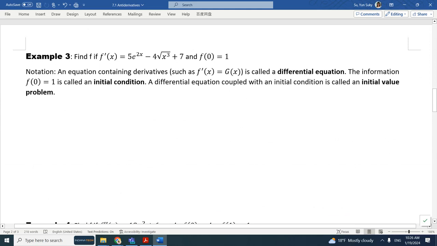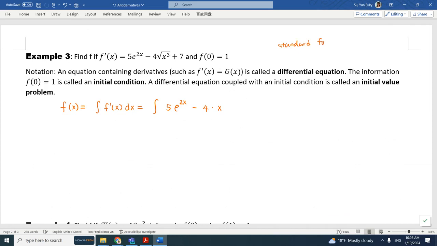Okay, so we have f of x is the integral of the derivative. So the derivative is 5 e to the 2x minus 4 times a square root. Let's change this to the standard form. What do I mean by standard form?